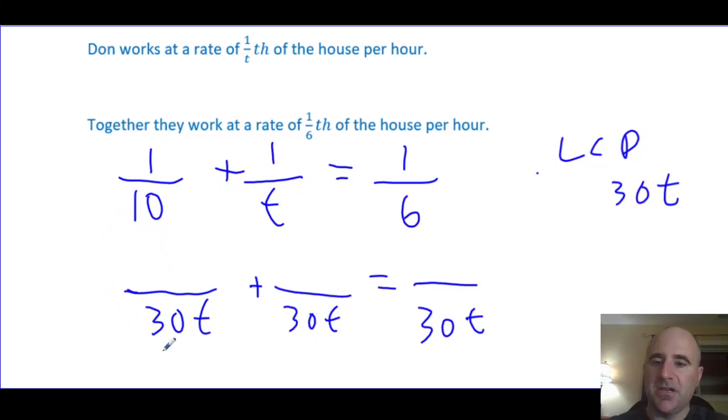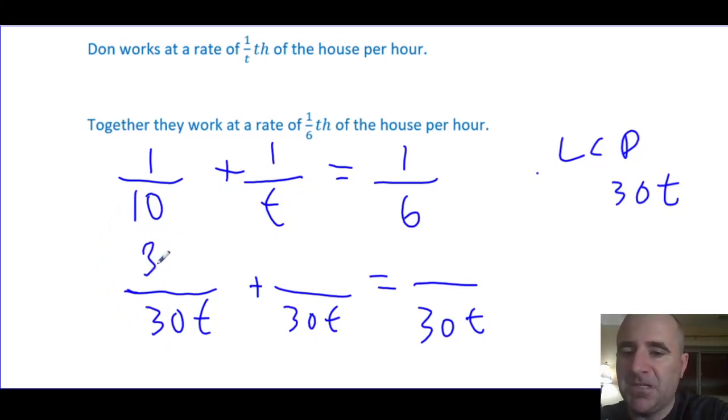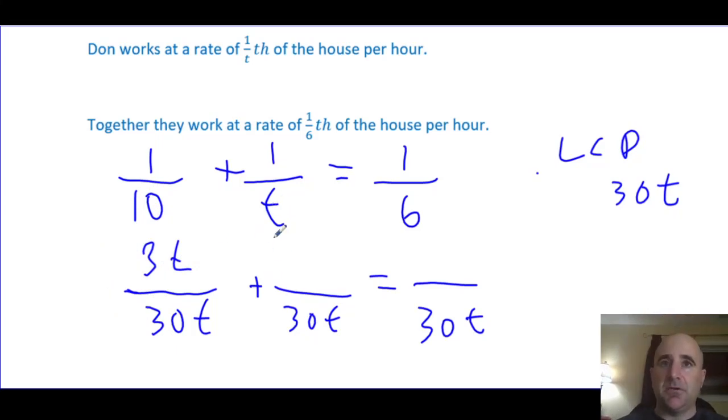The answer is 3t. So I multiply 1 by 3t as well. Okay, what do I have to do to t to make it 30t? I have to multiply by 30, so I multiply the 1 by 30 as well. Okay, just look at that and make sure that makes sense. 30 over 30t reduces to 1 over t, and 3t over 30t does reduce to 1/10. So make sure that what you're writing down makes sense. Finally, for the last one, 6 times 5t would equal 30t, so I multiply 1 by 5t as well.